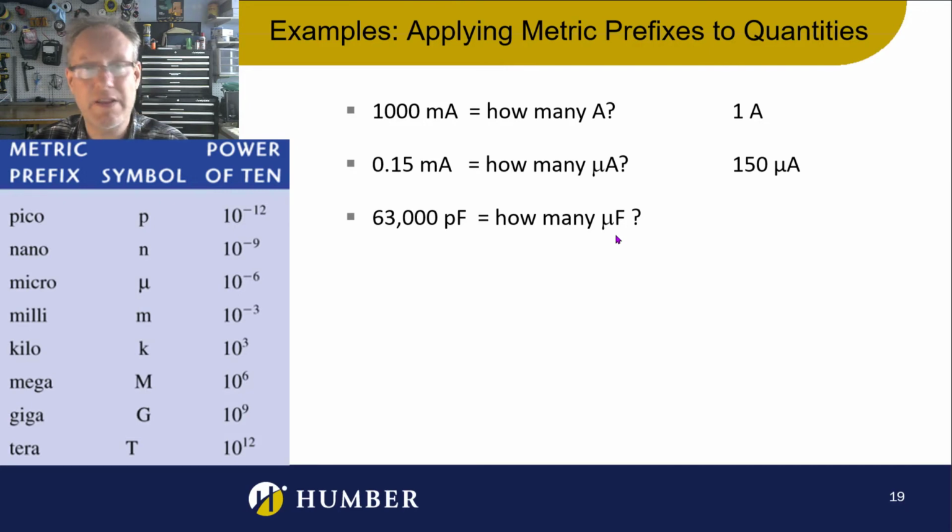The reason I'm using this particular example is because for farads, which is a measure of capacitance in a capacitor, we don't use nano. I don't know why. I mean, you can't buy a nanofarad capacitor. They just don't have them. They have 0.047 microfarads, or they have whatever, 47 or 470 or 470,000 picofarads.